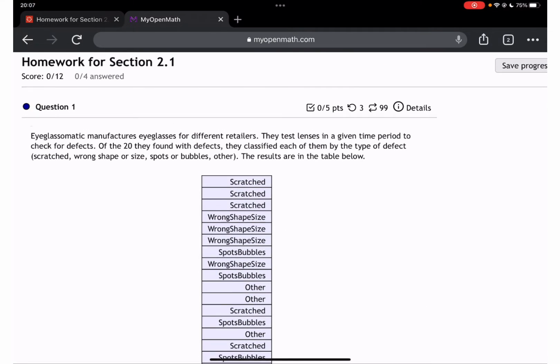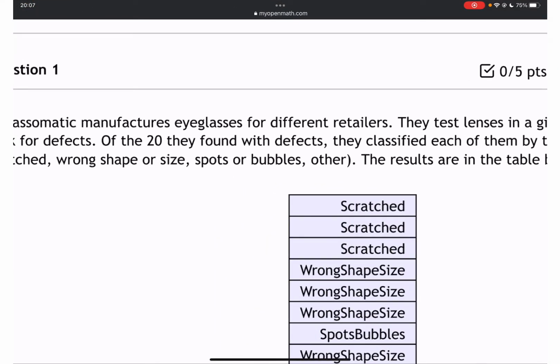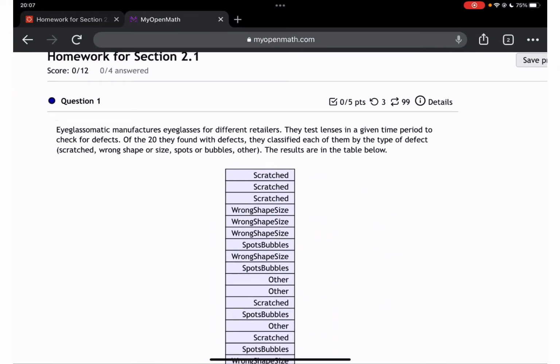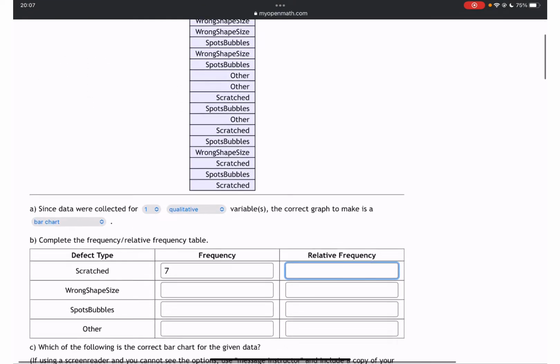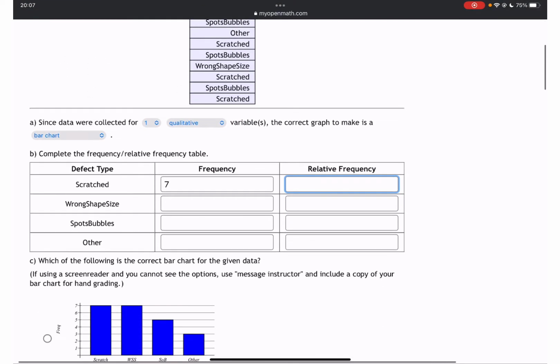In this word problem, of the 20 they found with defect, total 20, and 7 out of 20, its relative frequency shows how many percent this defect type will be among all the other types of defects. So I'm taking 7 and dividing by 20 total, and it will be 0.35.